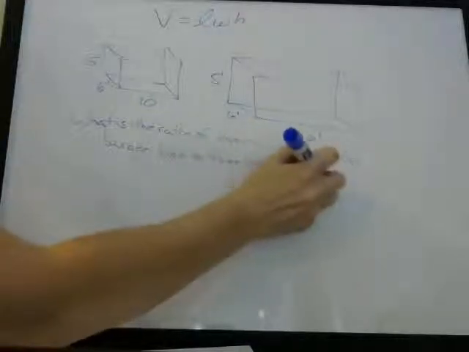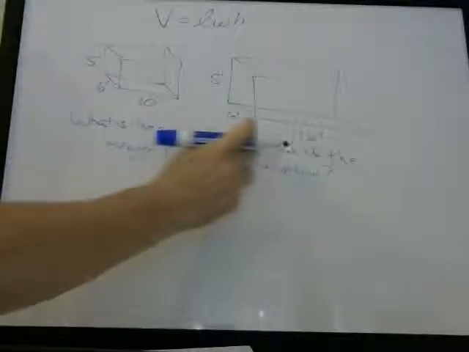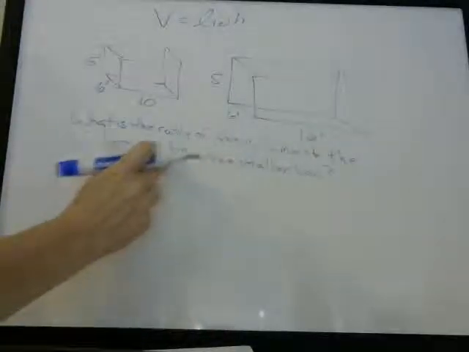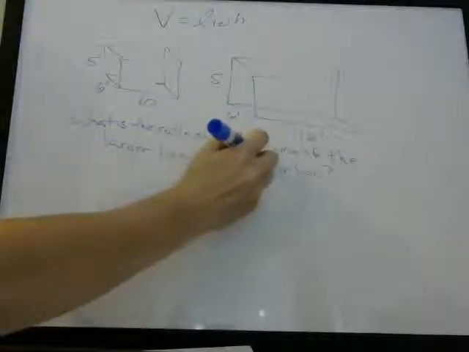So this is where they may try to test more than one concept. So you need to be able to figure out the volume, but you also need to be able to figure out the ratio. So if you haven't watched the video on ratios, you need to watch that. So what's the ratio of the volume of the larger box to the smaller box? And we'll say to the volume, I should have wrote that in there, of the smaller box.